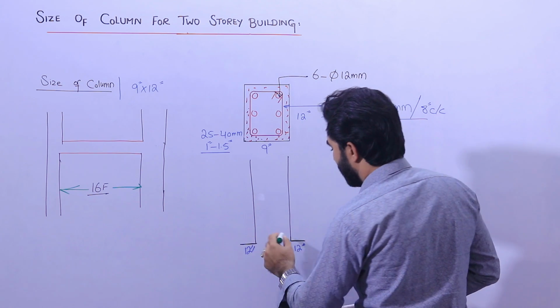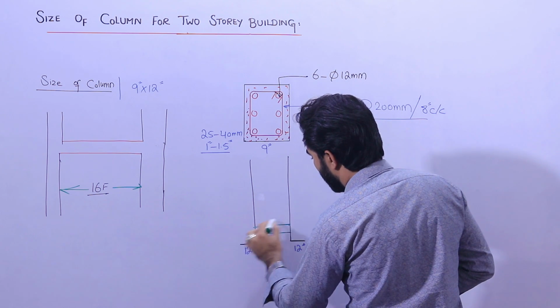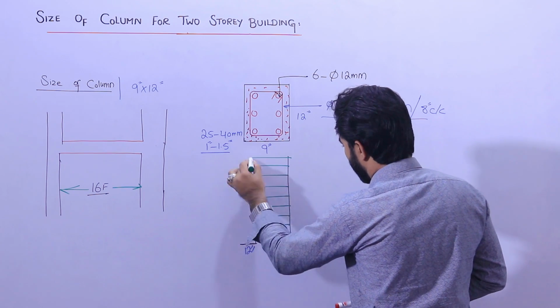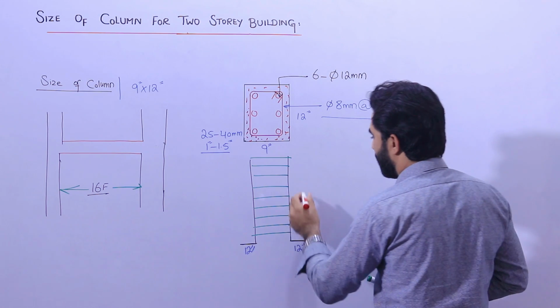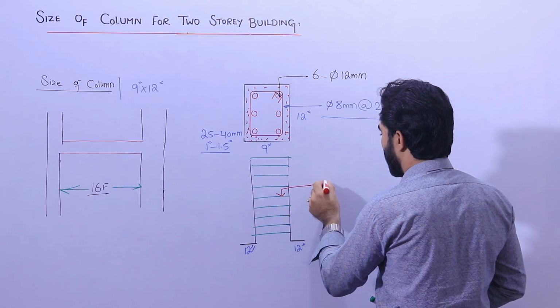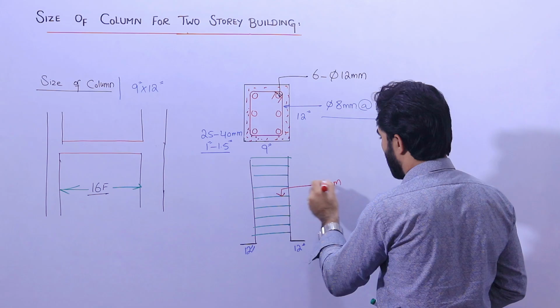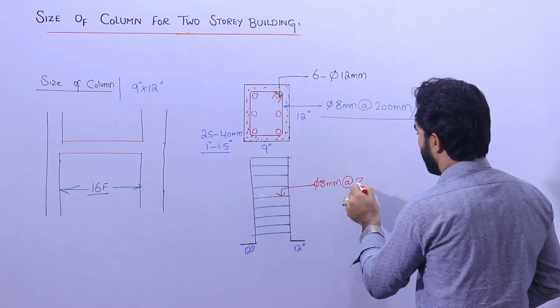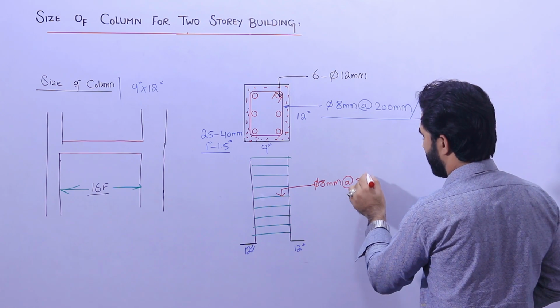Now let me show you the lateral ties. This spacing you can keep 8 mm dia with the spacing of 8 inches.